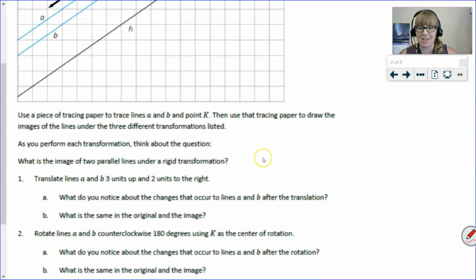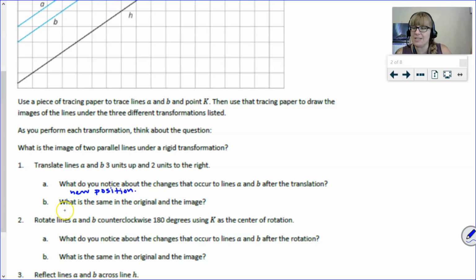What are some things that are the same and what are some things that are different? There are a bunch of things that I want you to recognize. First, I want you to notice that both line A and B have a new position. However, although lines A and B have a new position, I do want you to recognize that there are a lot of things that are the same.